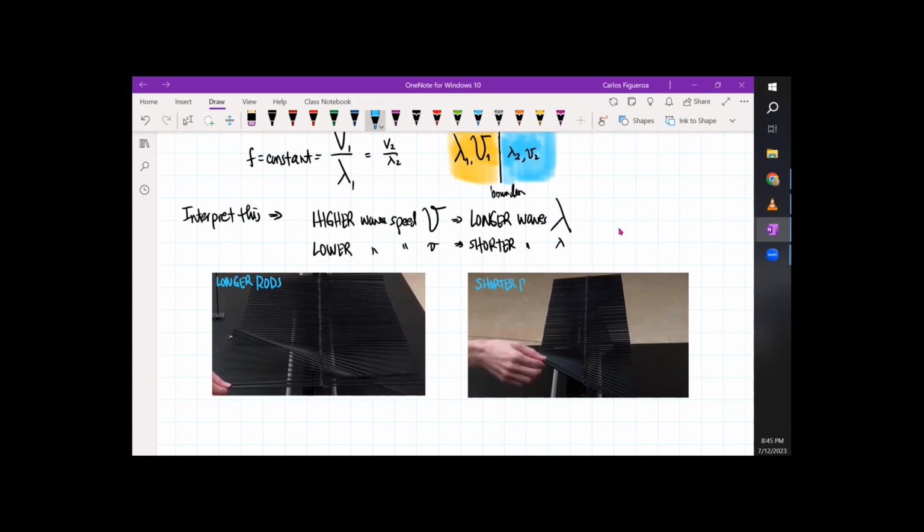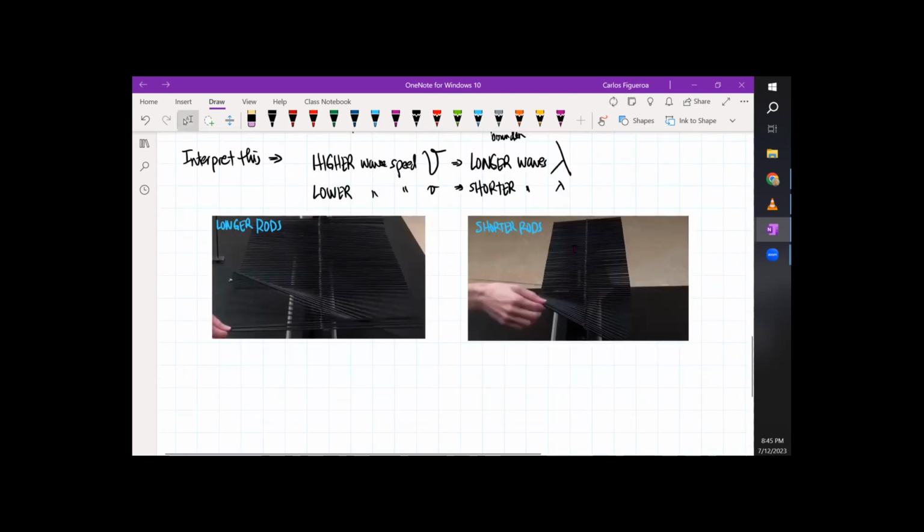These guys have shorter rods. Now, since this is a wave machine, this is a system of coupled oscillators. So what you should expect is that if I have longer rods, that means they have more rotational mass.